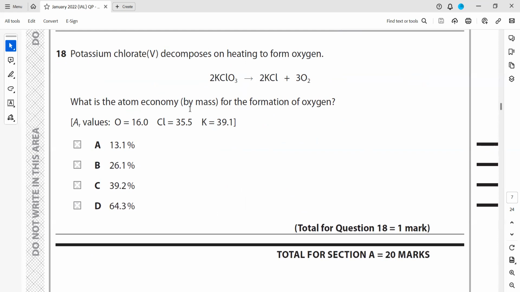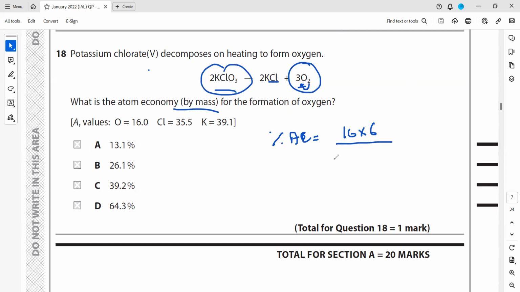Potassium chlorate(V) decomposes on heating to form oxygen. What is the atom economy by mass of formation of oxygen? So percentage atom economy is the mass of a desired product. Our desired product is oxygen, so it will be 16 multiplied by how many? 3 multiplied by 2, 6. Total mass of oxygen divided by total mass of the reactant.